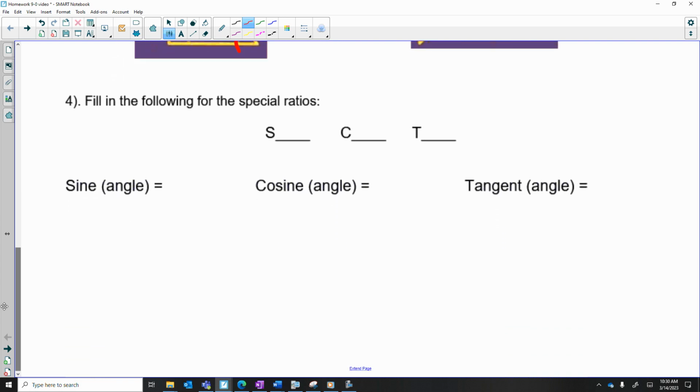Next one. All right, so now we're going to get into SOHCAHTOA. SOHCAHTOA is the way that we can remember the trig ratios. SOH is O over H, CAH is A over H, and TOA is O over A. So let's start with sine.